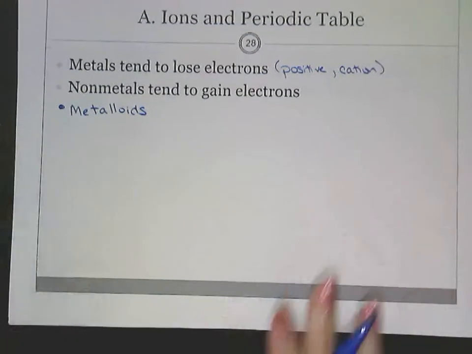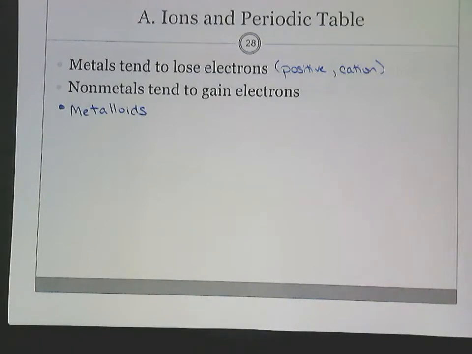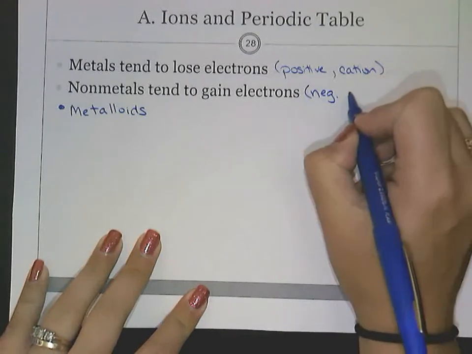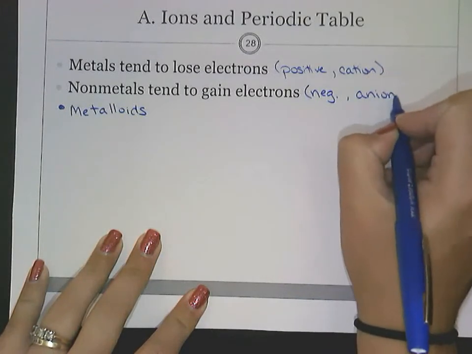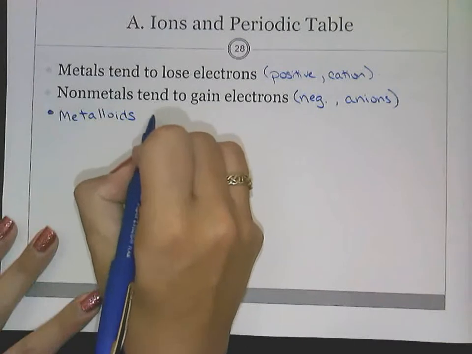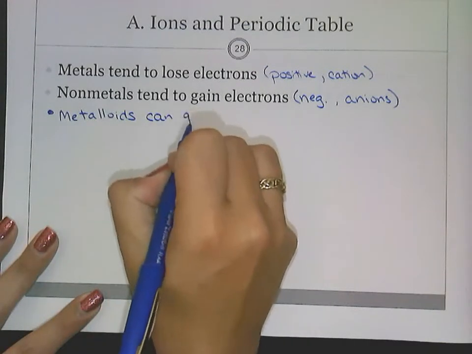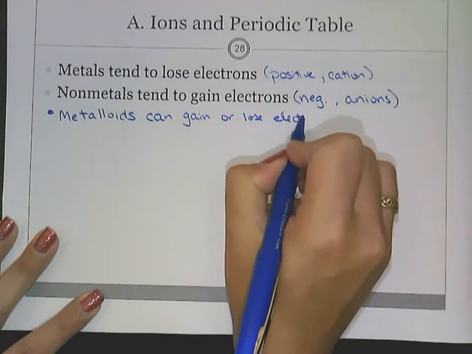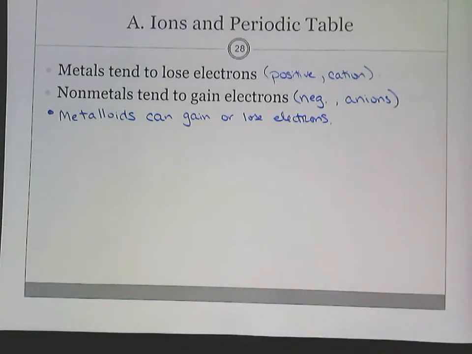So metals tend to be positively charged, or cations. That means nonmetals tend to be negatively charged, or anions. And the metalloids can gain or lose electrons. There is no great rule about how we define whether they gain or lose.